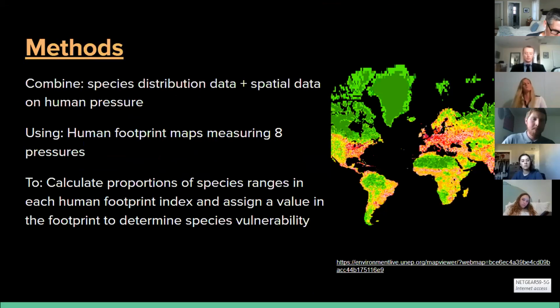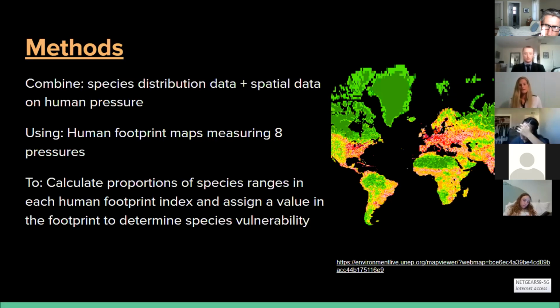Since the researchers wanted to process this on a global scale, they used synthesis methods to compile this information. They combined existing species distribution data along with spatial data on human pressure. They got the human pressure data from human footprint maps, which already exist and have assigned values based on 8 different human pressures, and determine high versus low risk areas across the world.